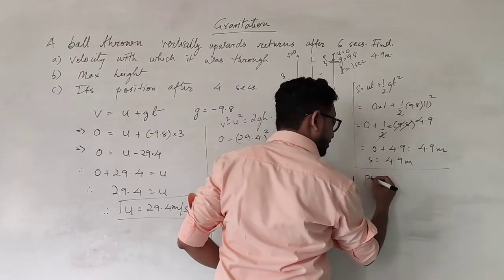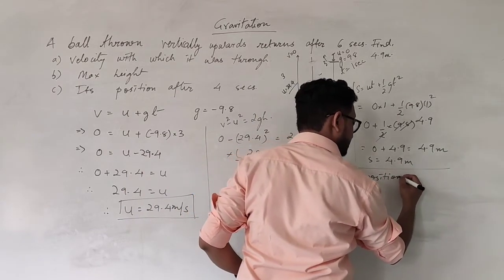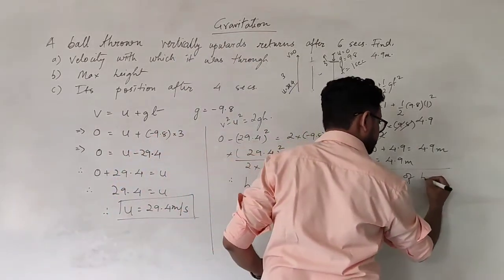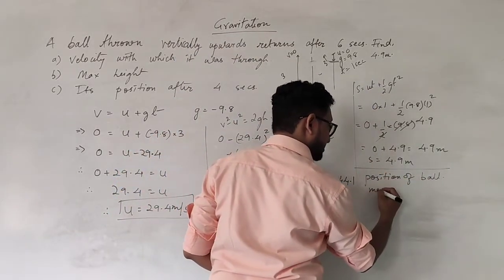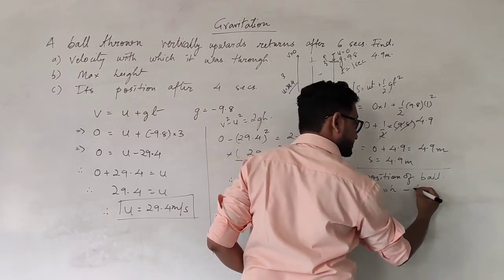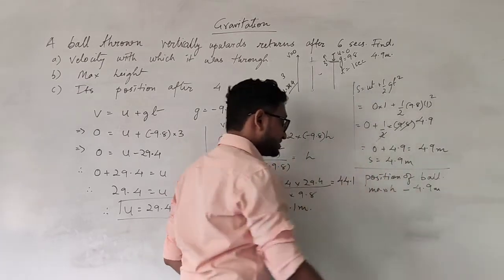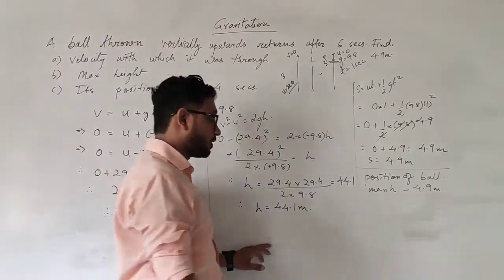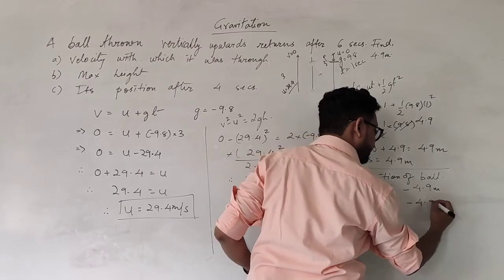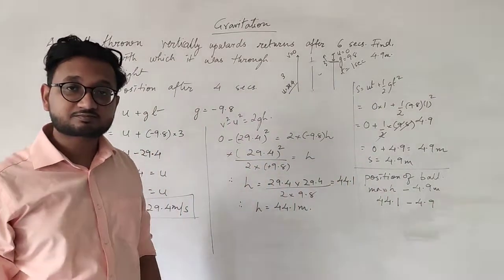So position of the ball is maximum height minus the height that we found, that is 4.9 meters. So the maximum height is 44.1. So 44.1 minus 4.9.